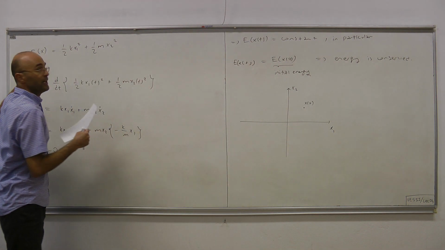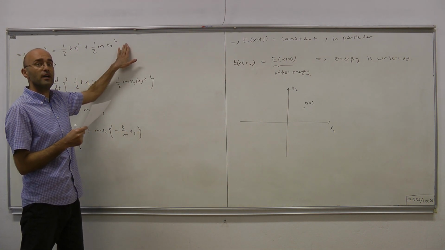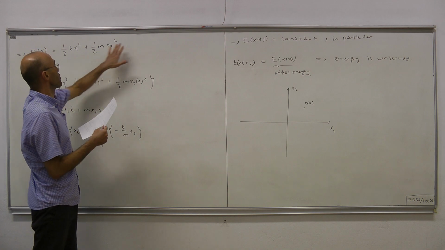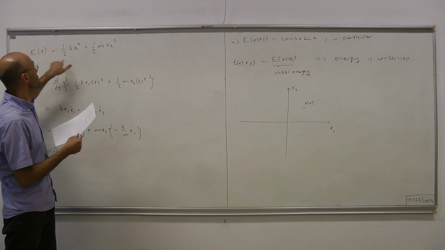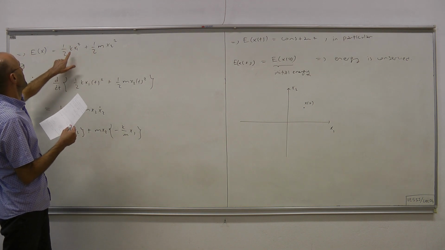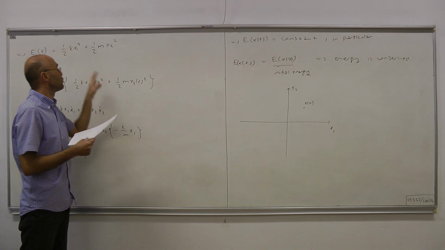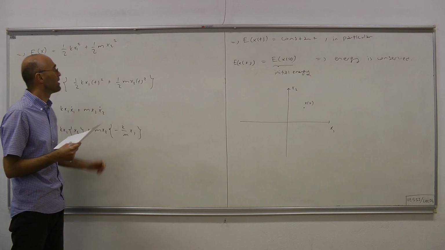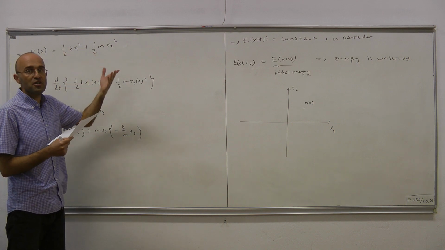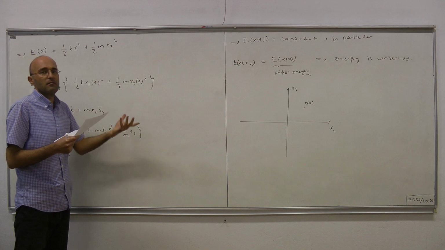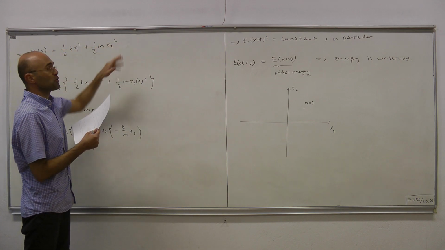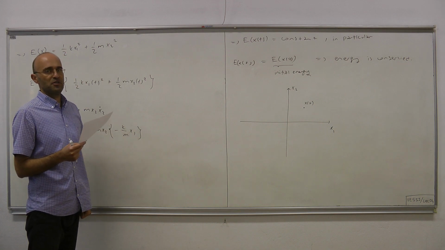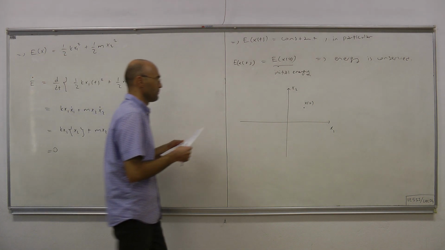So this is the energy, and equating it to a constant gives us all possible pairs of x1, x2. If k and m were equal, it would be a perfect circle. But since we consider the general case, with k and m possibly different from one another, this equals a constant defines an ellipse, a generalized circle.